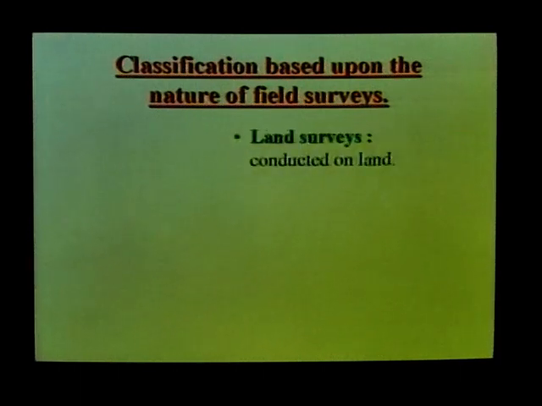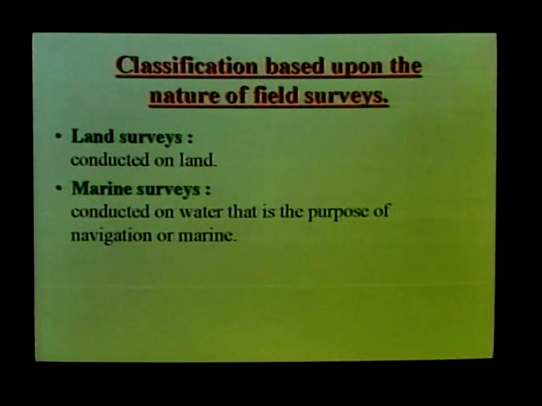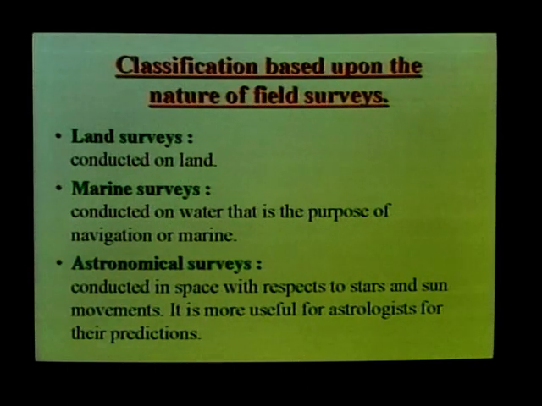Classification based on the nature of the field: land surveys are conducted on open land; marine surveys are conducted on water, for the purpose of navigation; astronomical surveys are conducted in space with respect to stars and sun movements.